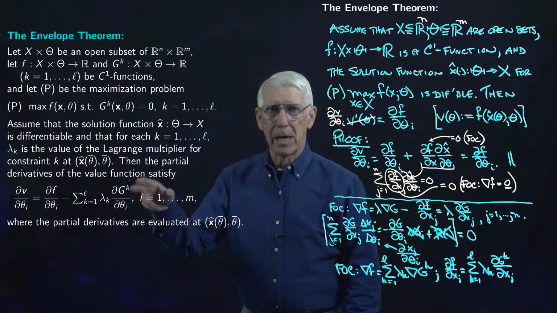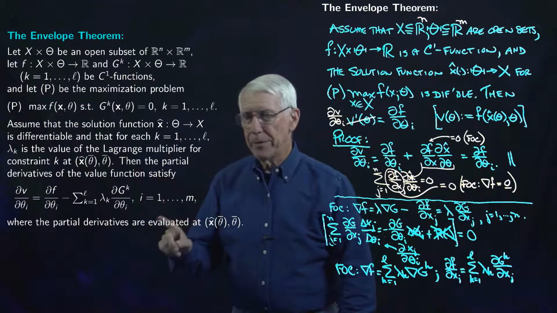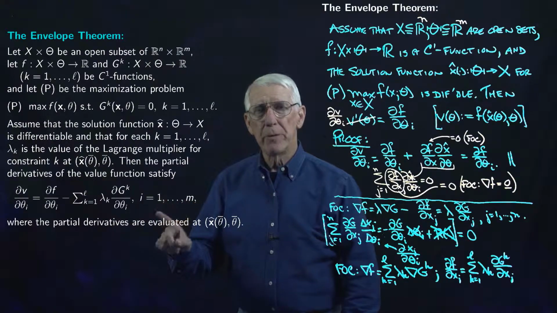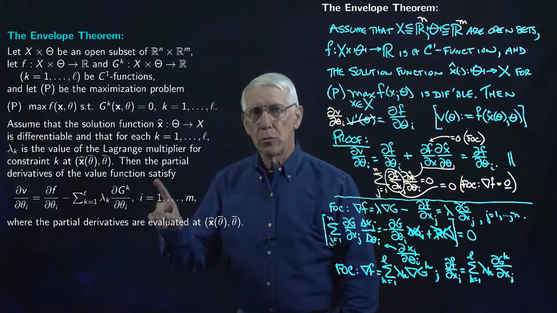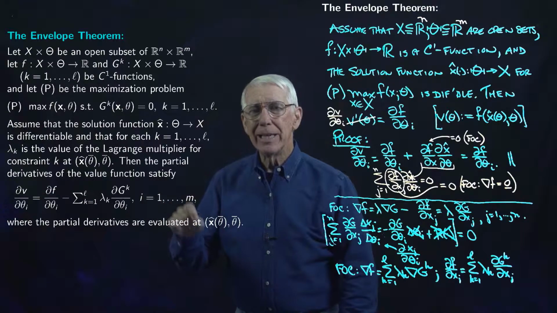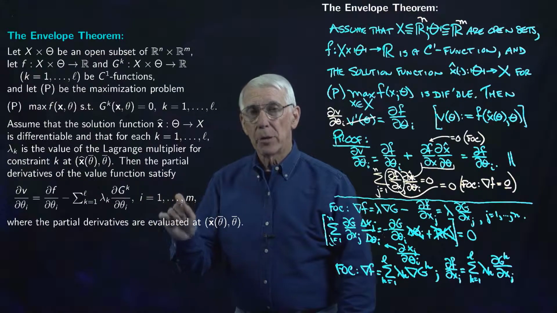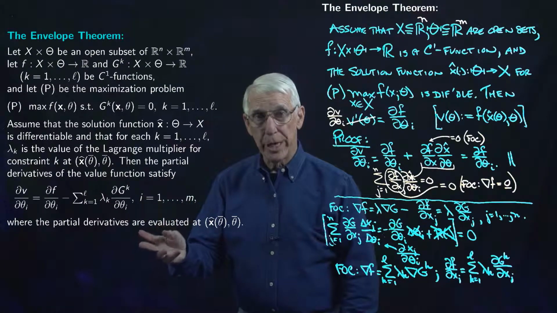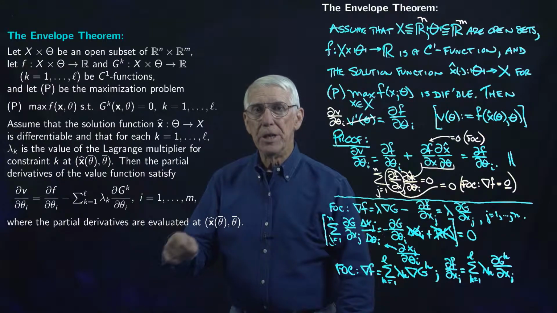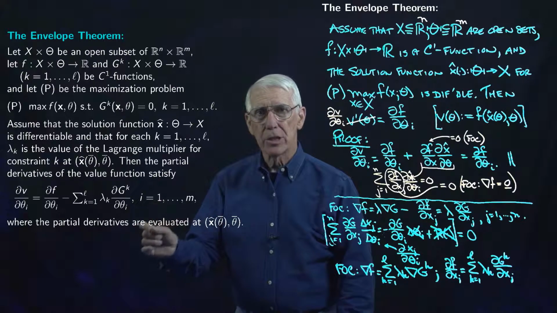I've added a couple of qualifications, but in particular, the one thing that I want to point out that I've put here and that I didn't stress before is that the envelope theorem is very much a local result, a local statement. So it tells us what happens in a neighborhood of or near particular parameter values that I've used theta bar to represent, and particular values of the determined variables, or what I call the decision variables here, the x bar.